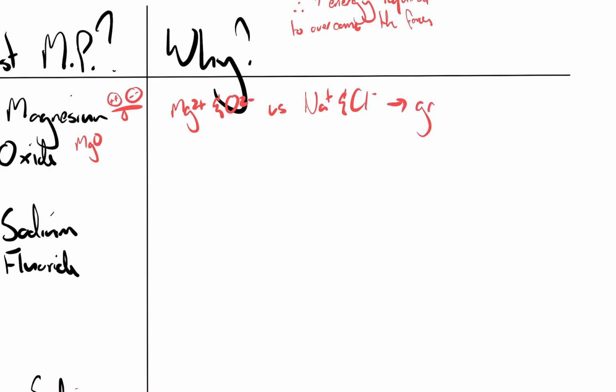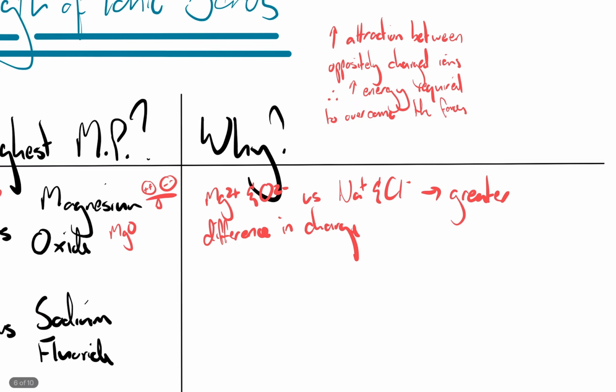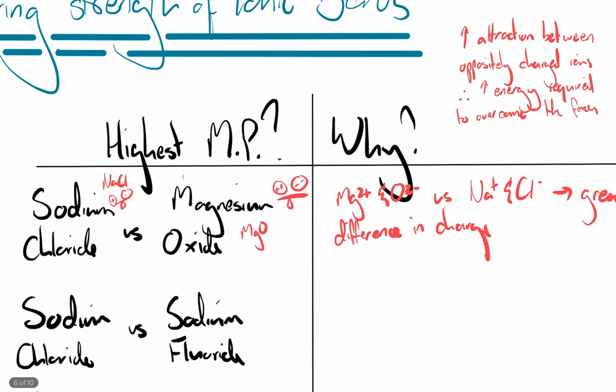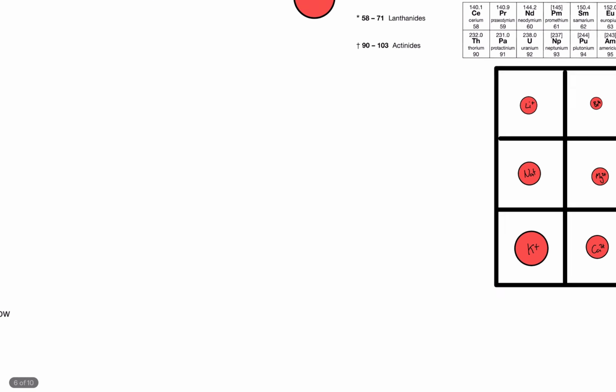A greater difference in charge. And we've got therefore greater attraction between oppositely charged ions, therefore more energy required to overcome the forces. So our answer here is magnesium oxide.